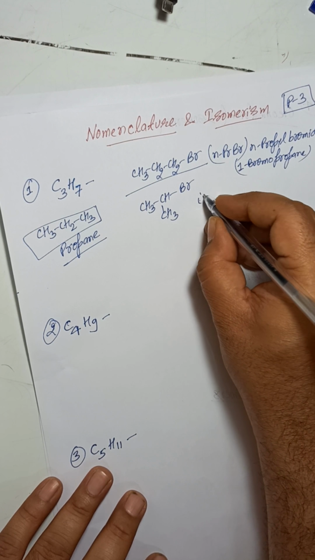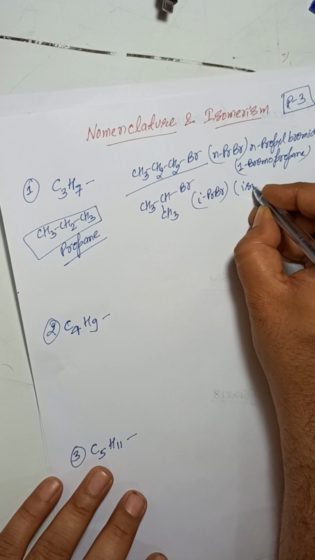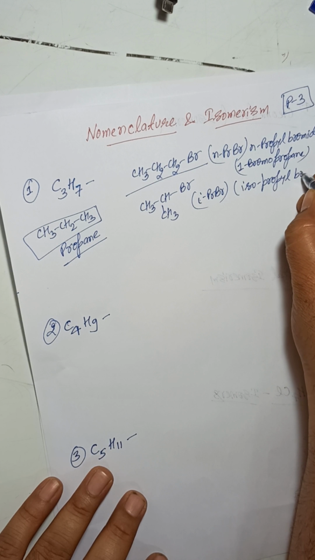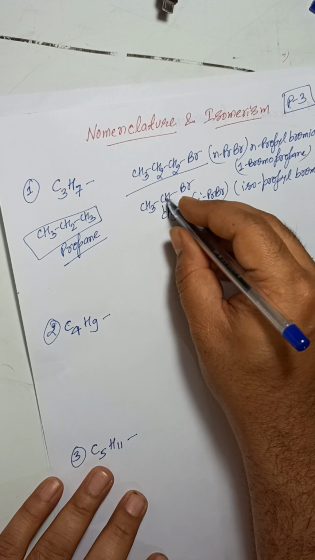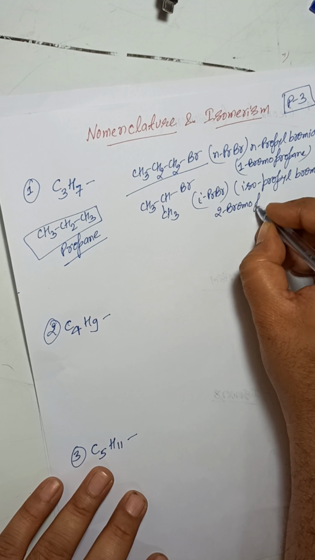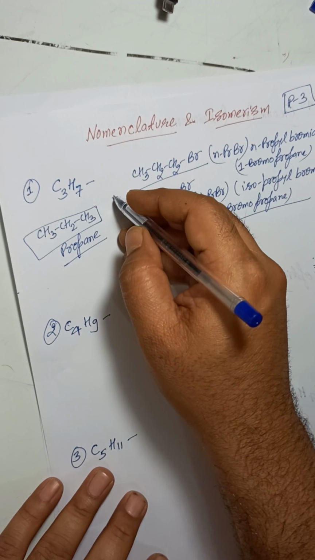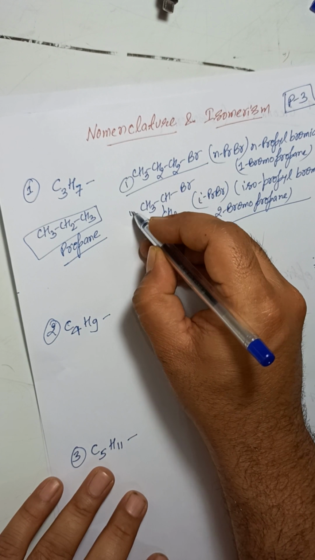This can also be called isopropyl bromide, iPrBr. With 1, 2, 3 numbering, it is 2-bromopropane. So there are two isomers of this, first and second.